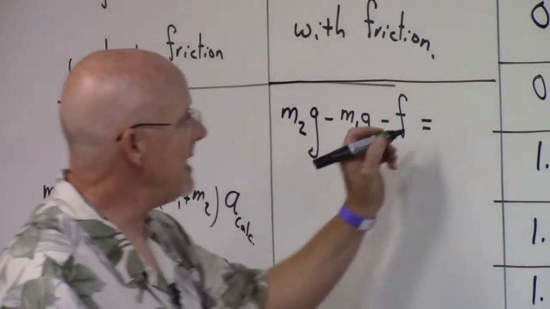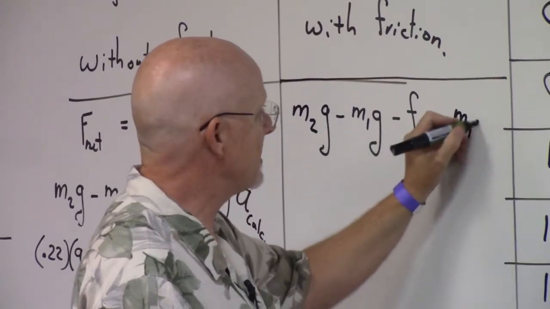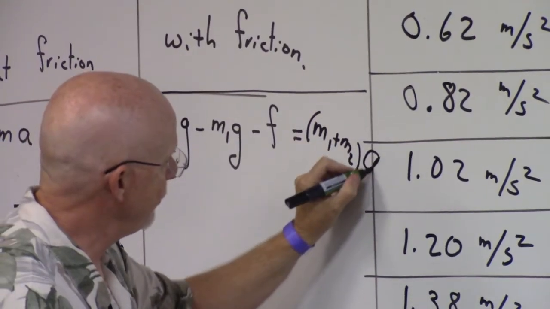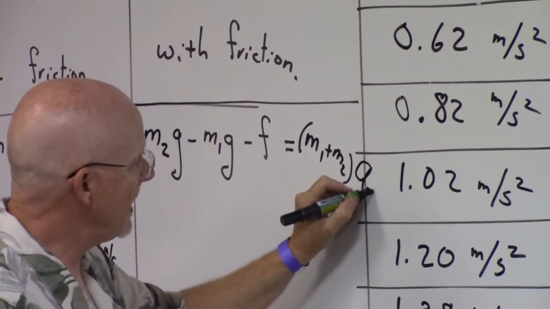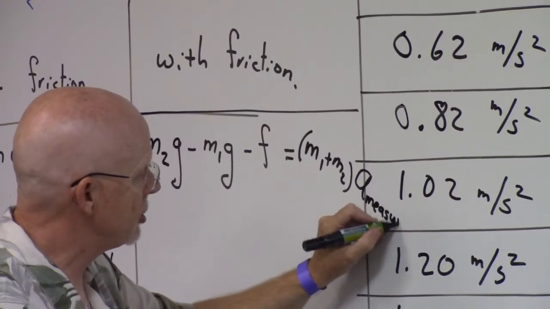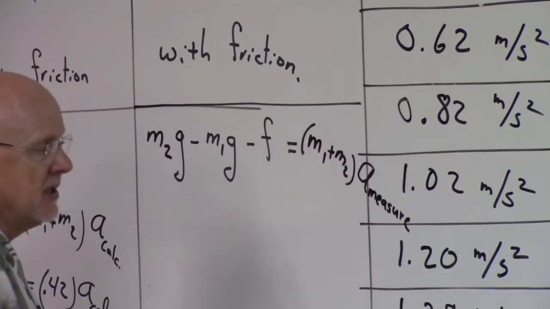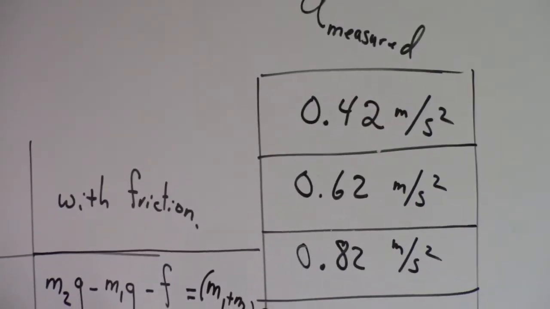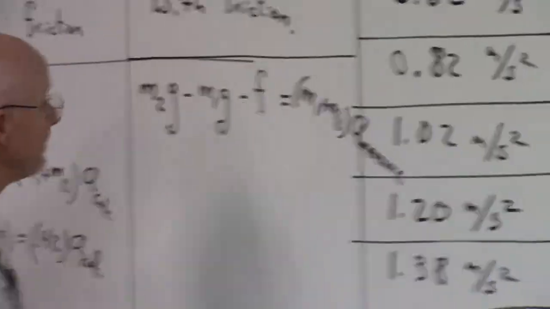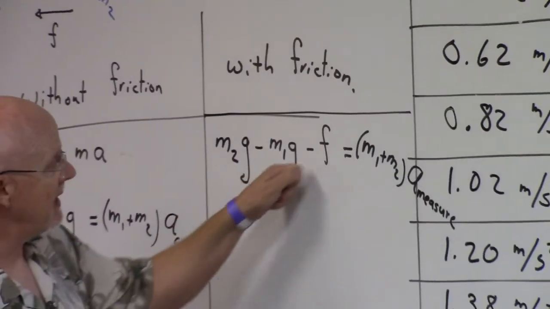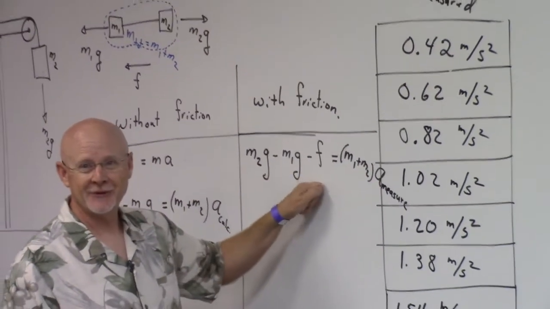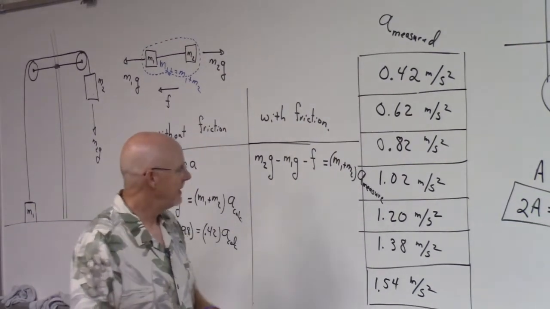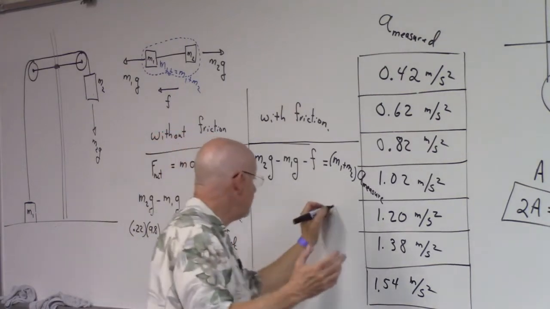Now, of course, it would equal the total mass again, M12, and I hope I gave myself enough room. And then this would be the acceleration that I just measured. See, this would be the acceleration right here. And here's what I claim. Don't we know everything in this equation except for the force of friction? I'll help you get started.